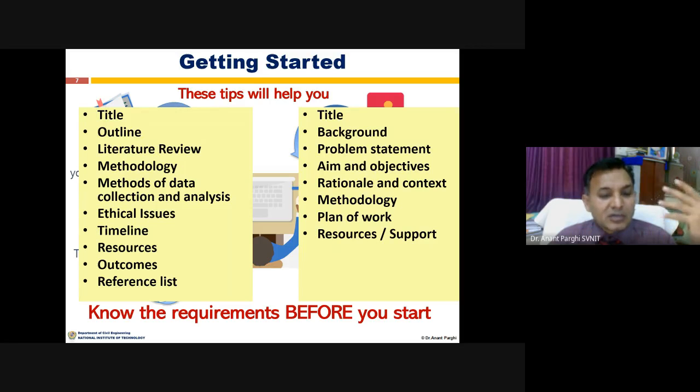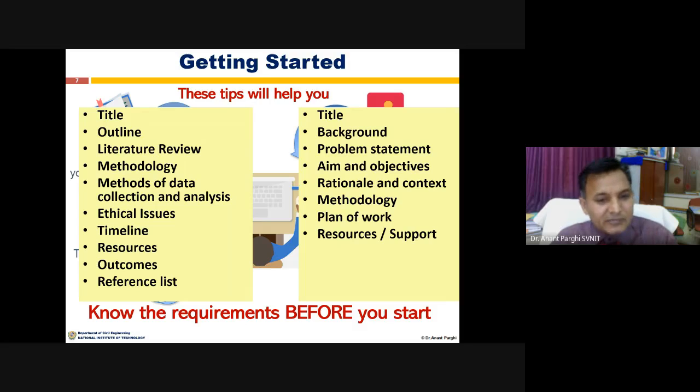Whatever resources are available, support. For example, if you write that you are going to use a particular program, software, or experiment in your research, then you need to write down your budget requirement, such as that you are going to procure or purchase this instrument or software.